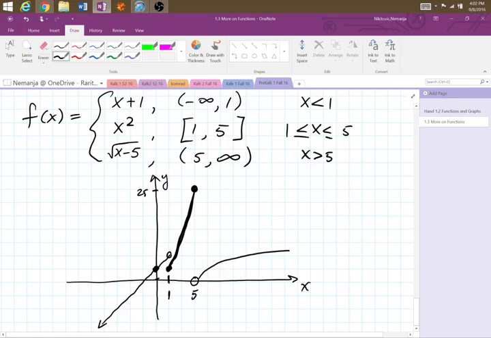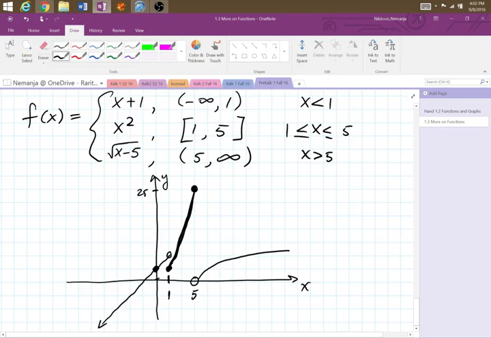So all of the pieces have to be to the side of each other. Where they belong will always be given to you in these portions of the domain. So the first piece is going to be on the interval minus infinity to 1. That's the linear piece. With the arrow here, it's going to go forever to infinity.